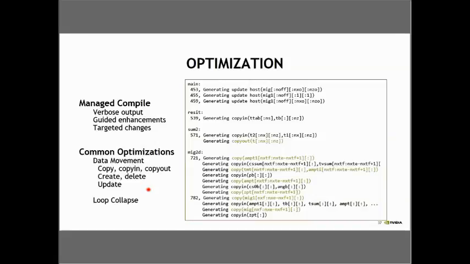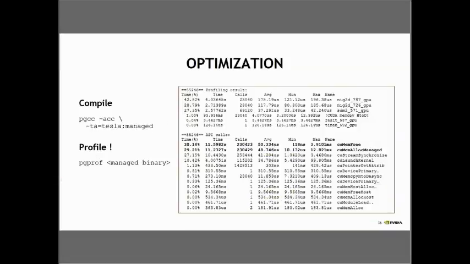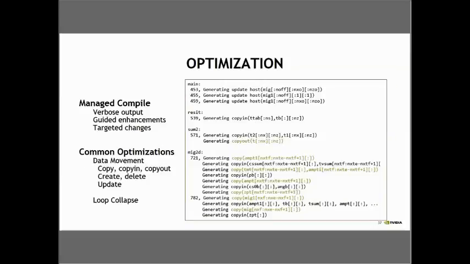Again, the other thing to look at is not just profiling the data, but also looking at the output from the compiler. When you use this managed option, the compiler is very verbose, and it gives you lots of interesting information. It tells you on a per function basis what it's doing.